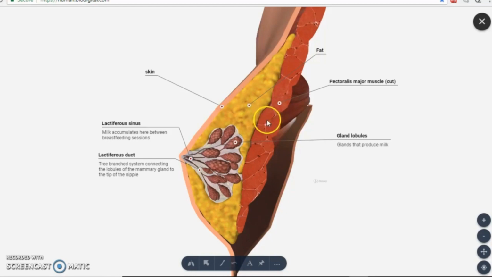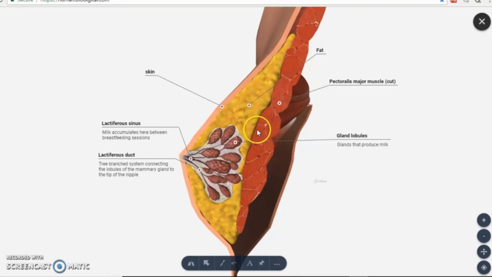Below that is the deep fascia, which is not demarcated here; just remember there is pectoral fascia just below the superficial fascia or mammary gland. Deep to it is the muscle part. The thickened muscle just below the mammary gland is nothing but the pectoralis major muscle.